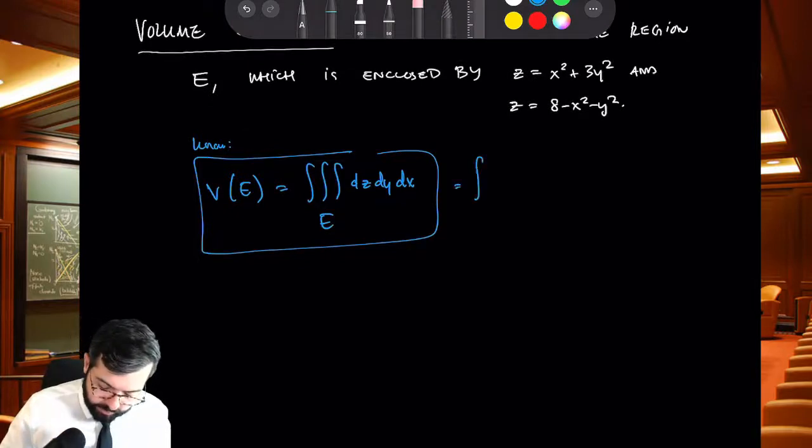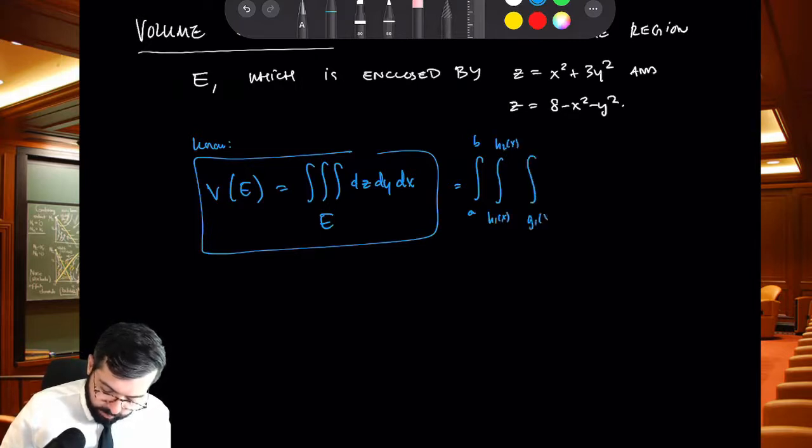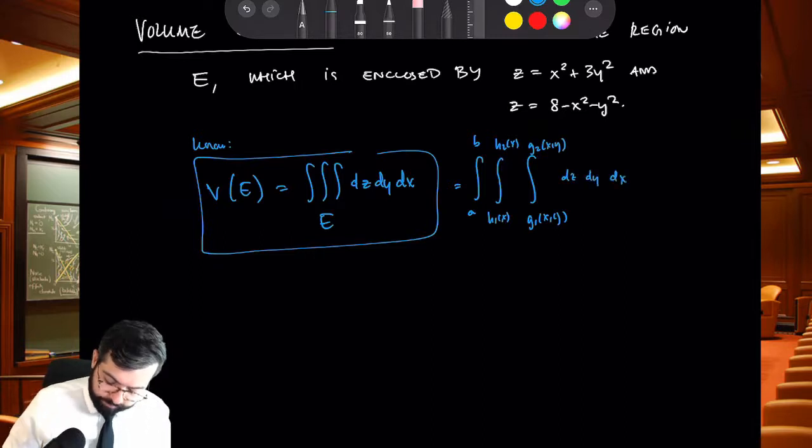So we know this is equal to the integral from a to b, from some h1 of x to h2 of x, and from some g1 of x,y to g2 of x,y, of dz, dy, dx.